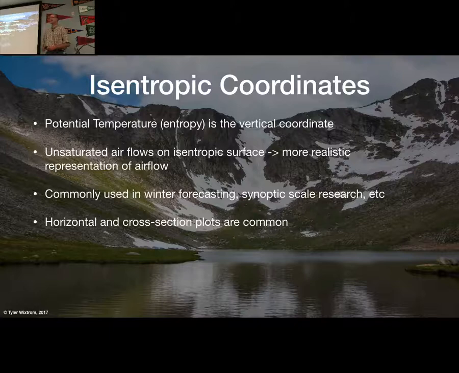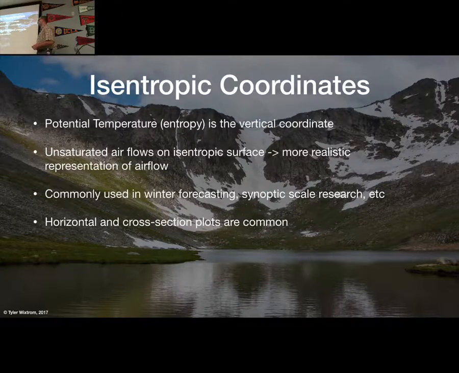Isentropic coordinates are coordinates where potential temperature, or entropy if you recall physics, is the vertical coordinate. I'm not going to get real far into what potential temperature actually is. Just know that it's related to entropy, it's related to energy, and the main important thing to know is that unsaturated air will flow on an isentropic surface, which means looking at an isentropic surface is a more realistic way of viewing airflow through the atmosphere.